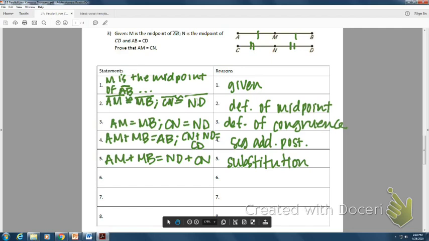That's what we just substituted in for. AM equals ND. How are you getting that?